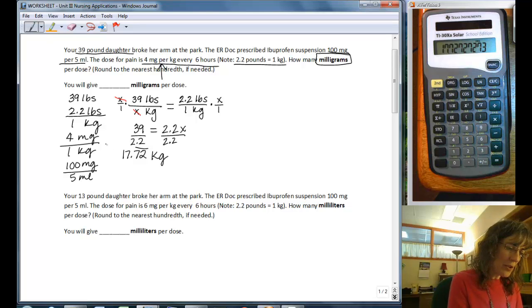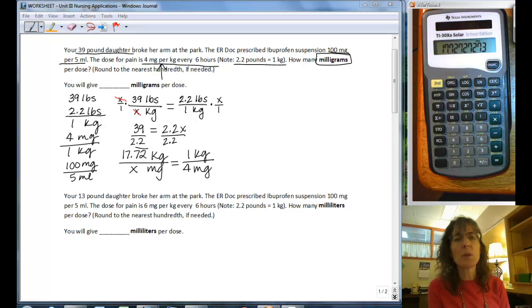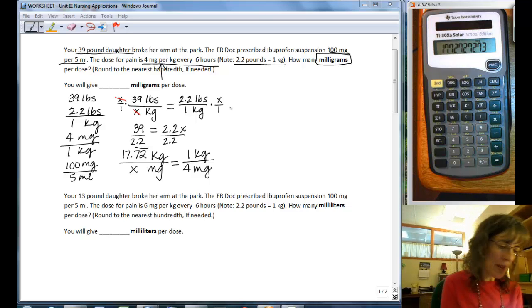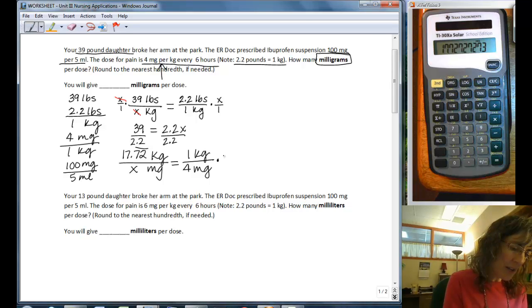So I have kilograms. I can use this next conversion to convert it to milligrams. So kilograms to X milligrams equals 1 kilogram. This one I have to put upside down to 4 milligrams because I started off with kilograms over milligrams, so my conversion factor has to be in that order as well. Then this one, it looks like I'll multiply by 4x on both sides.